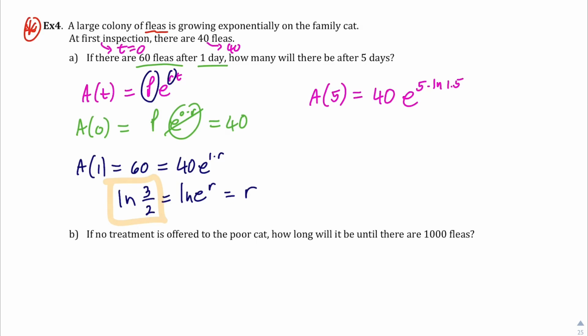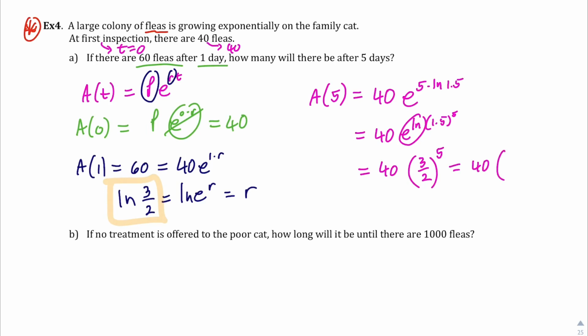Of course you could just type that straight into the calculator, but I'm going to do a little bit of simplifying to show you that it works out rather nicely. 40 e to the power of ln 1.5 to the power of 5, those are reverse operations, and so we end up with 40 multiplied by 3 over 2 to the power of 5, and we can figure that out.